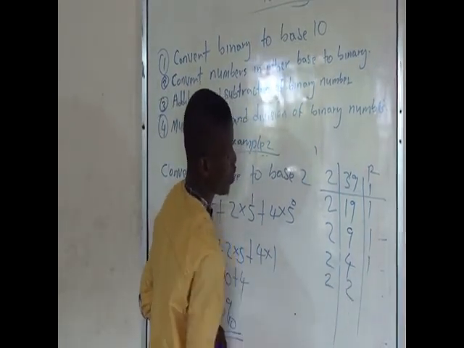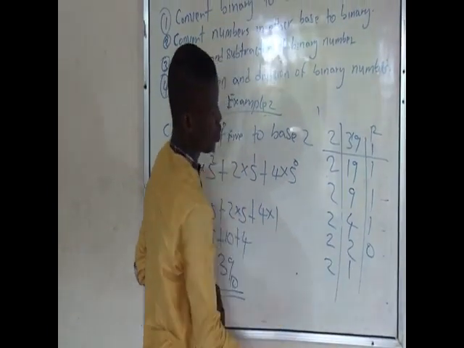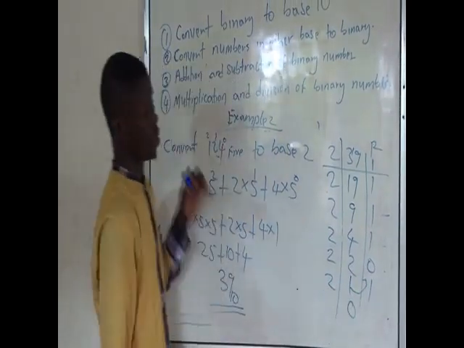And 2 divided by itself will give me 1 remainder 0. And 1 divided by 2, carry this one over here, write it 0 that way.